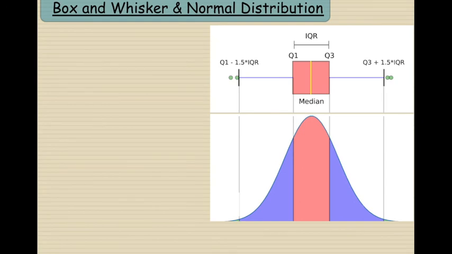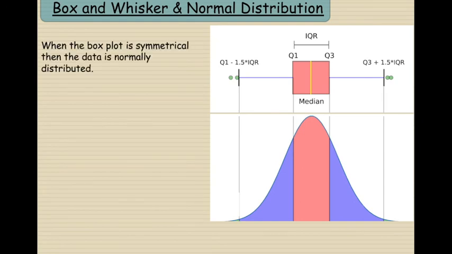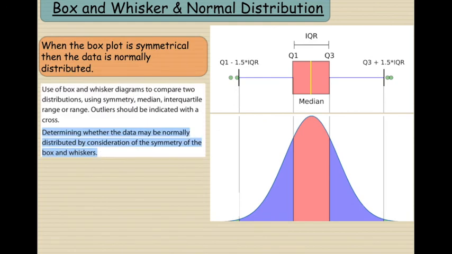In this last section of the video, I will briefly talk about box and whisker and normal distribution as a part of the requirement of the new IBDP math syllabus. Okay, so basically, when the box and whisker or box plot is symmetrical, as you can see, this line is of equal length to this line, and this part of the box is of equal size to this part of the box.